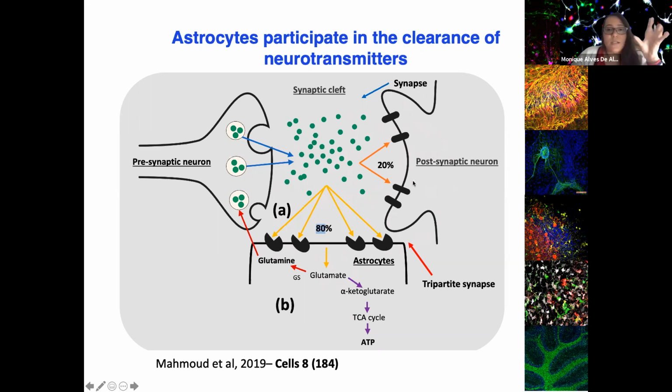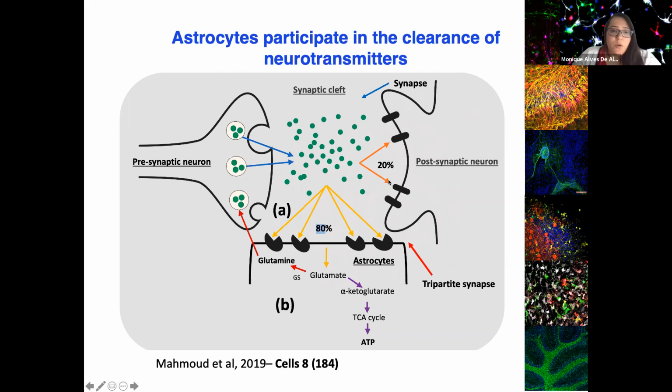So here is the importance of astrocytes, because they project their end feet in the synaptic cleft in order to control the excess of neurotransmitter. This functional integration between neurons and astrocytes is called the tripartite synapse, because astrocytes actively participate in synapse homeostasis.